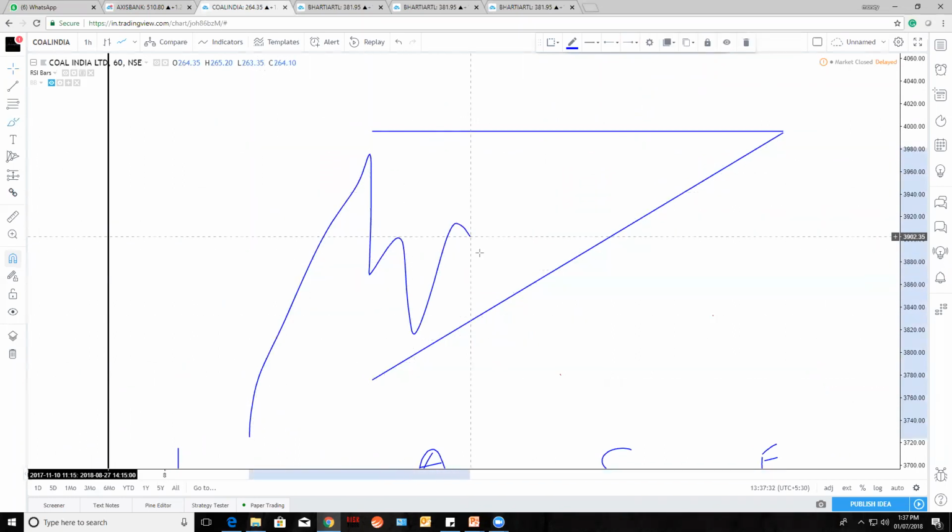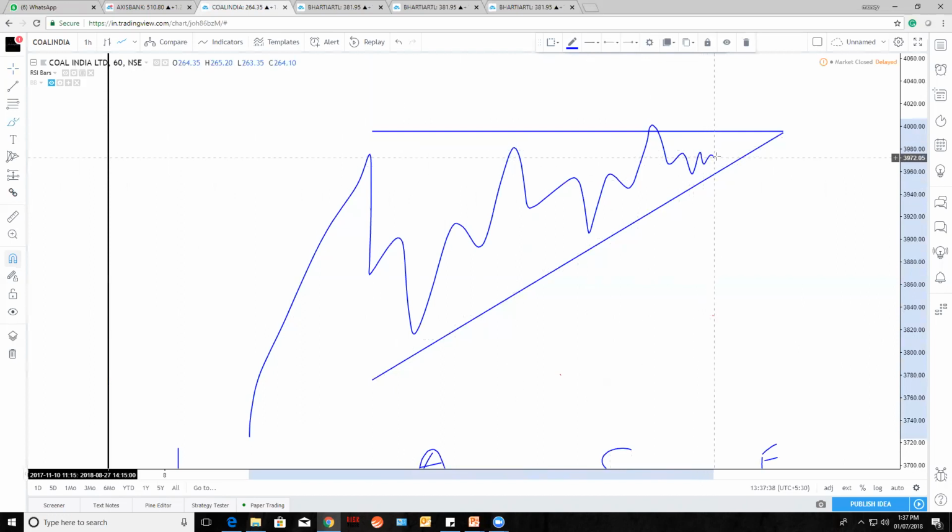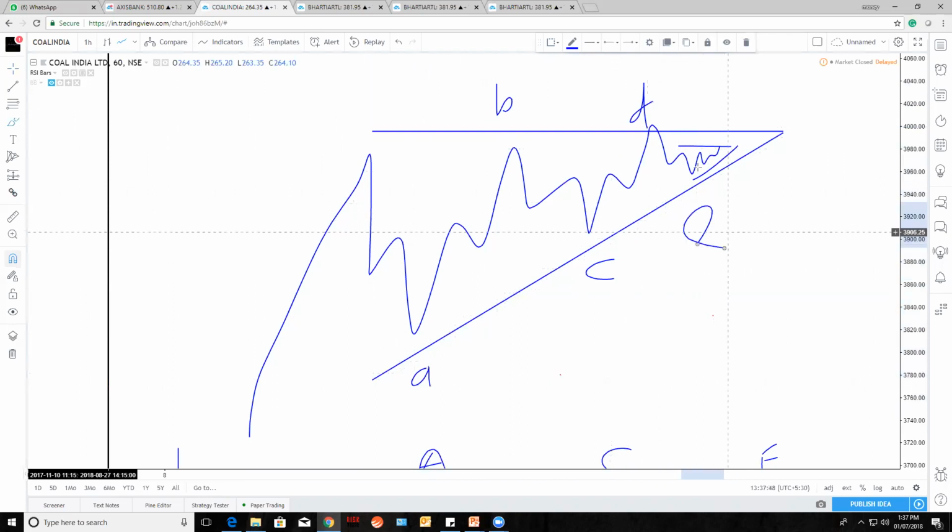Let's say it's A, it's B, it's C, it's D. And what will happen at E? Again, it will make a triangle-like structure. There is a possibility. Let's say this is A, this is B, this is C, and D, and E internally makes again an ABCDE, that is a triangle structure. It is a possible structure in the triangle.